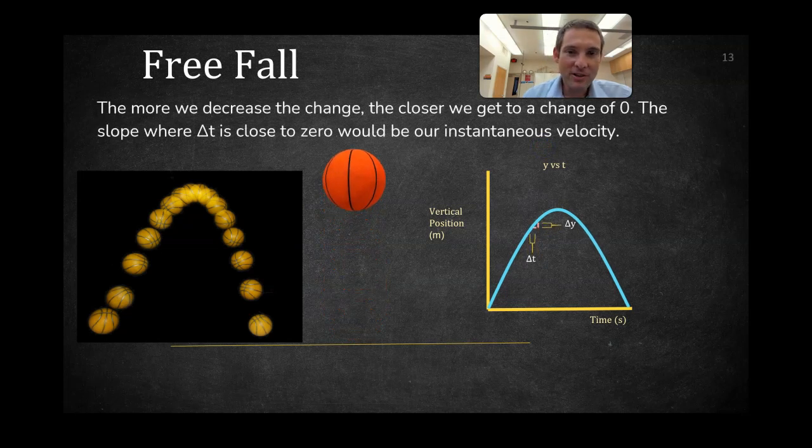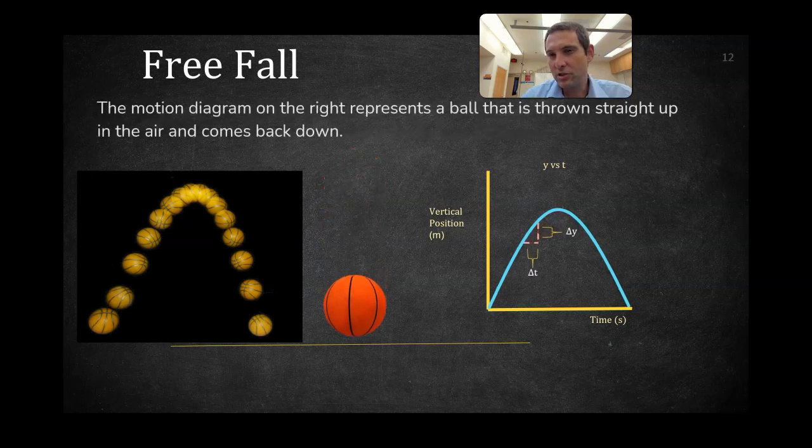The more we decrease the change in that slope, because our slope is changing in that graph on the right, that means if we just use a really large rise over run, that's taking an average of those velocities: final position minus the initial position. And that's great for finding an average, but let's say we want to find an instantaneous velocity at that position.